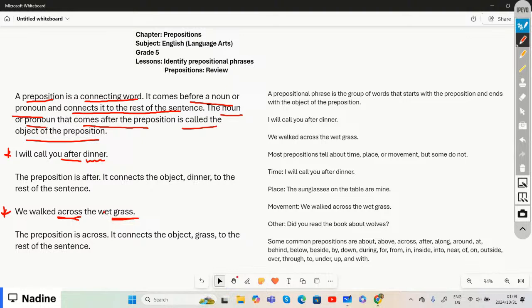So across is our preposition, and grass is our object of preposition that is being connected to the rest of the sentence.